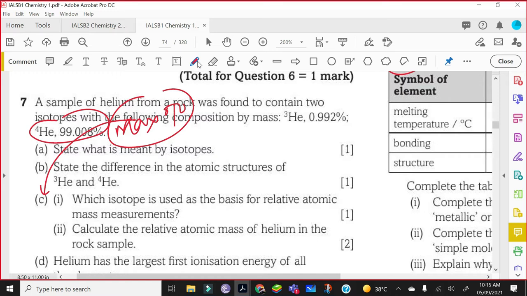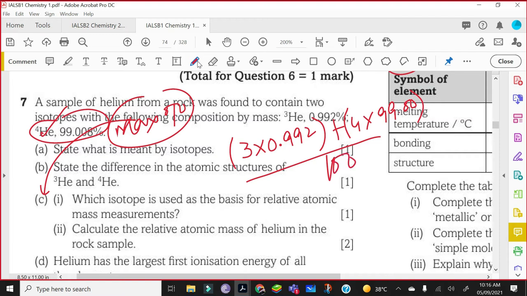Calculate the relative atomic mass of helium in the rock sample. Relative atomic mass calculation. So the mass given there times its percentage plus the mass given in the helium-4 times its percentage, divided by 100, and we get the answer for that.